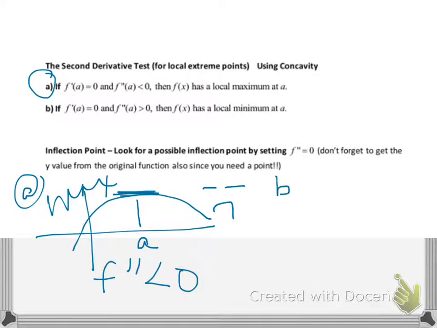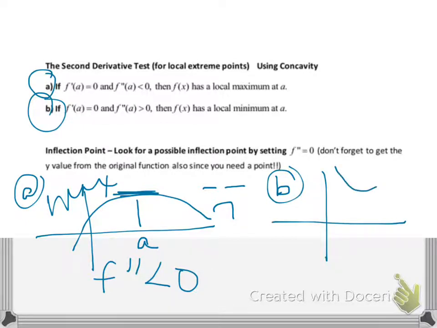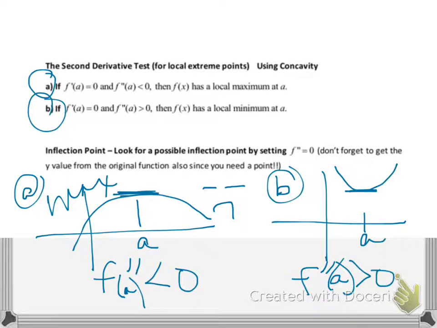Looking at example B, it says that if you know that right at A, my slope is 0, and I test my second derivative right at A and I find it's greater than 0, then I know if it's positive, therefore I have a concave up situation. If I have concave up, I have discovered a min.